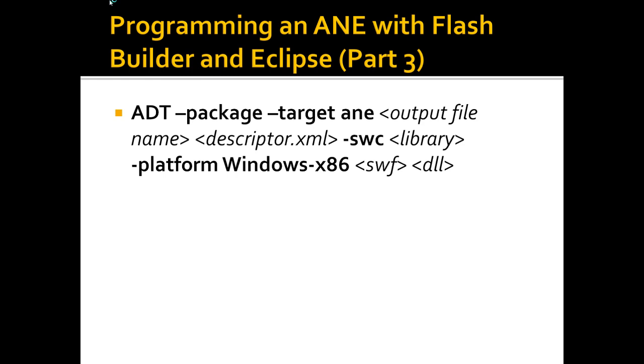So again, in the fourth video we're going to be showing how to actually consume this ANE and use it within your application in both the Flash Player and the full release application, and also a testing environment as well.